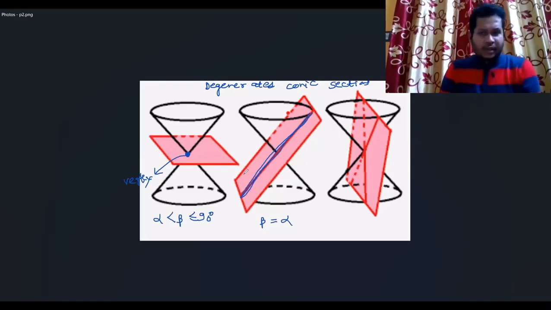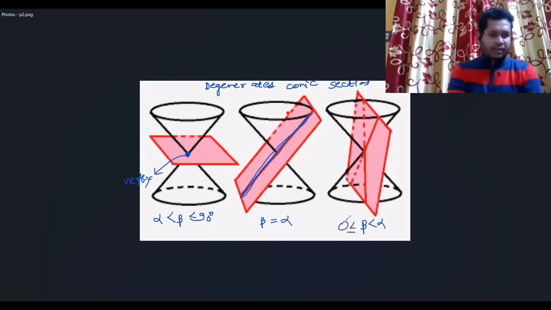Now moving on to the third case. This is when beta is less than alpha and beta is greater than or equal to 0. In this case, the intersecting plane is such that we get a pair of straight lines. See, all of you, a pair of straight lines.